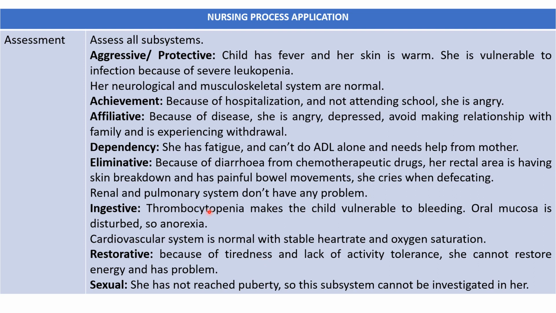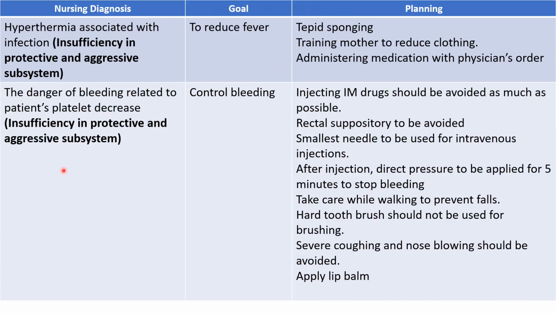All the subsystems are assessed. Next, the nursing diagnosis is formulated. We said that we will write the nursing diagnosis in this way: insufficiency, discrepancy, incompatibility, dominance. These are the four terms we will be using.